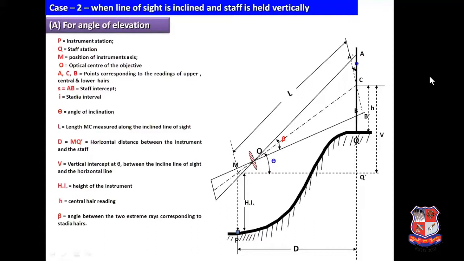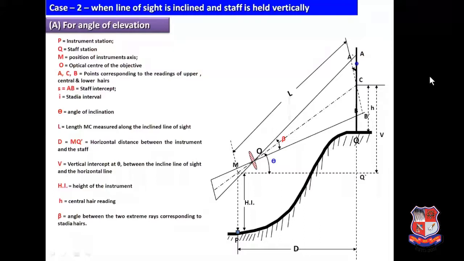So from the figure, we can come to know that P is our instrument station, Q is our staff station, M is the position of the instrument axis, or the point through which the vertical axis of the instrument is passing, O is the optical center of the object lens, capital A, capital C and capital B are the points corresponding to the readings of upper, central and lower crosshairs.